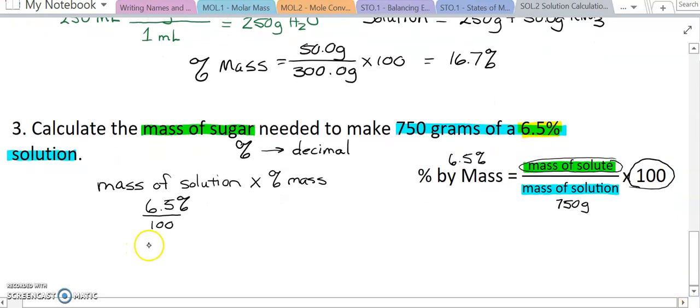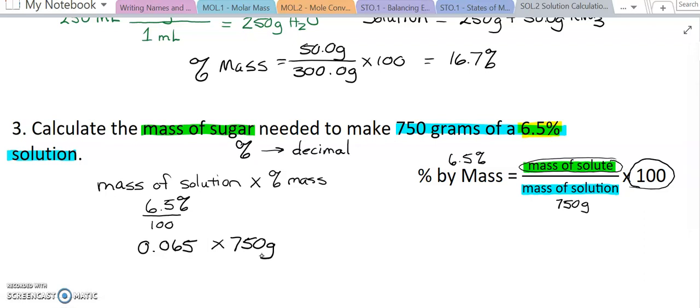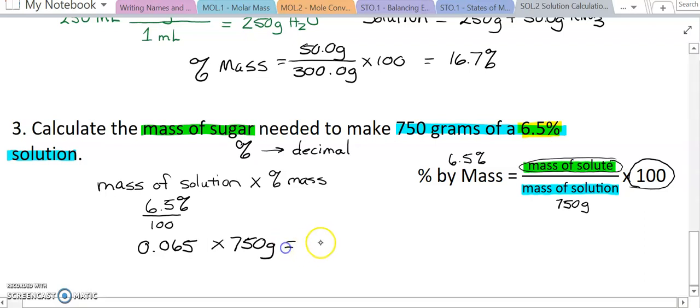So this is going to be 0.065 before I take it times the mass of my solution, which is going to be 750 grams. So if I take 0.065 times 750, I'm going to come out with 48.75 grams of sugar that I need to be able to make this solution.